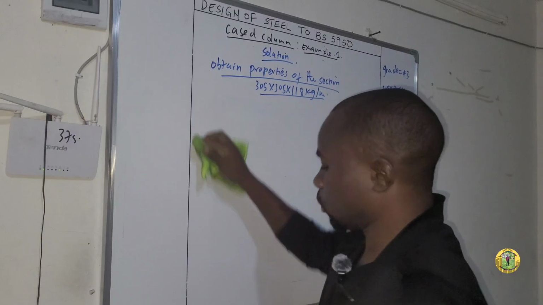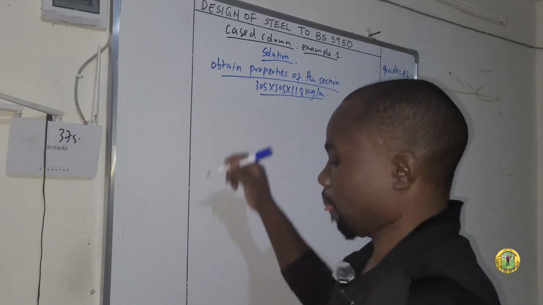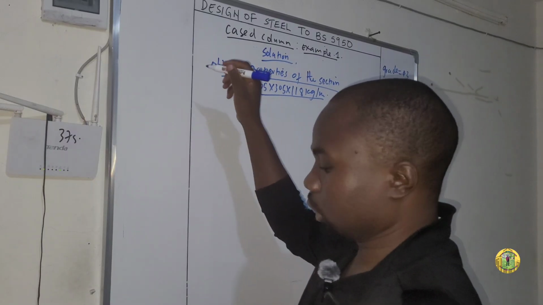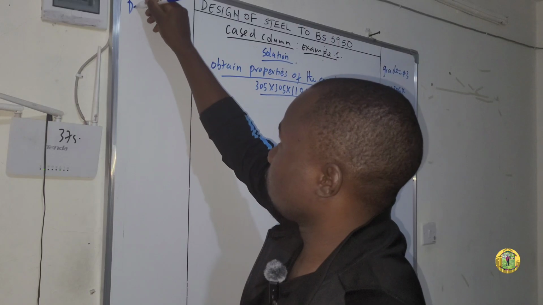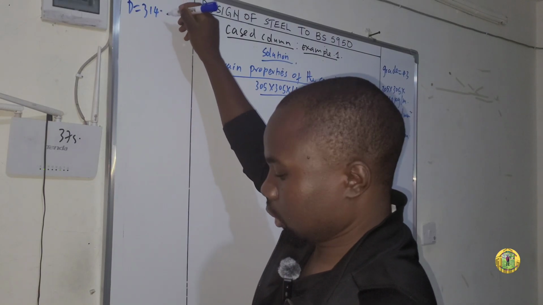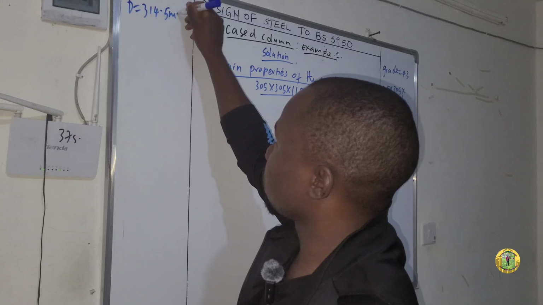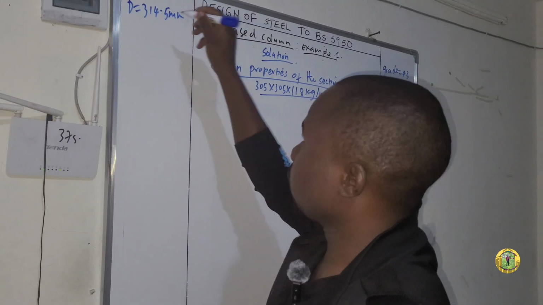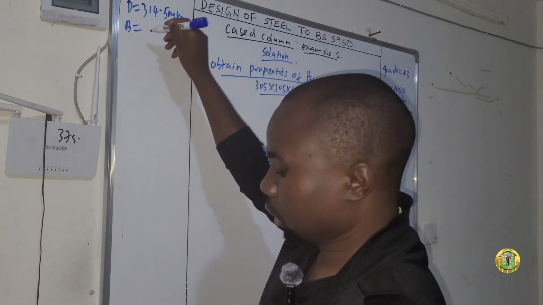Allow me to write on this column, because I will rub here. So D is equal to 314.5 millimeters.